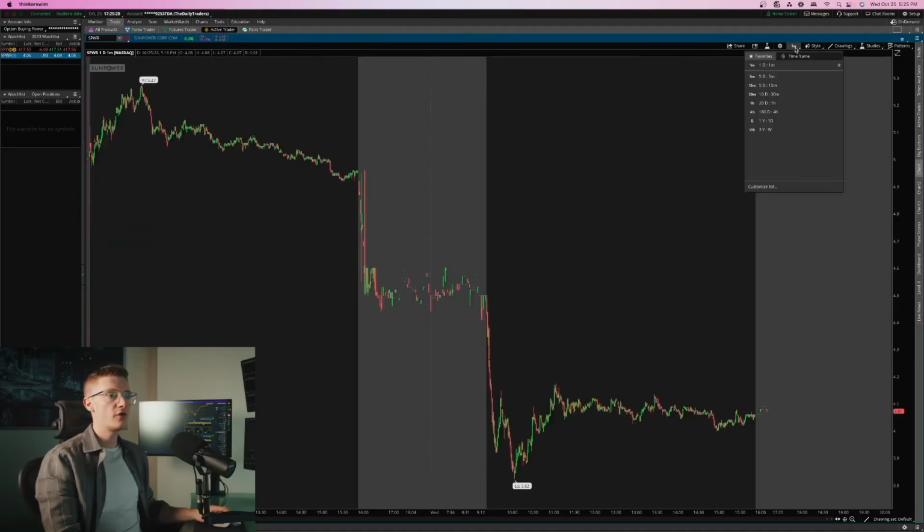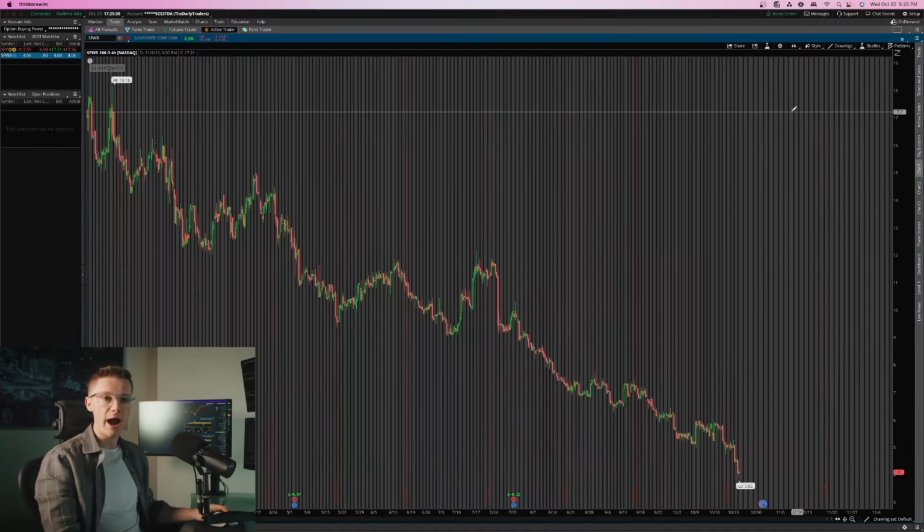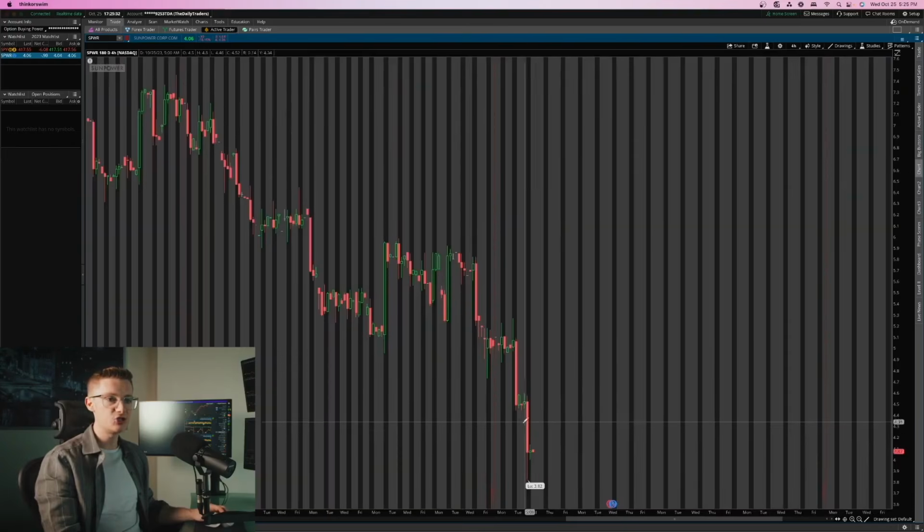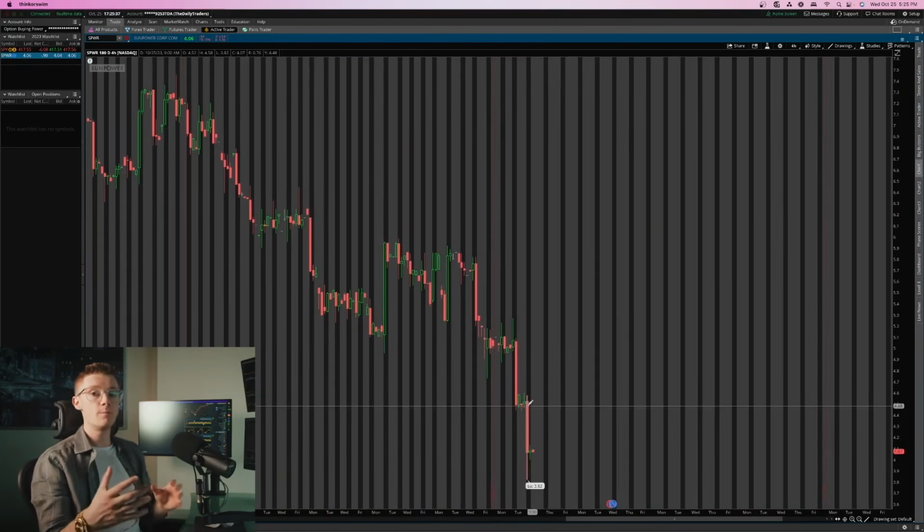And if I go over here to say a 4-hour candle, where each candlestick represents 4 hours of time, there will be visually different areas where we can see a floor, our support level, or we can see a ceiling, our resistance level.